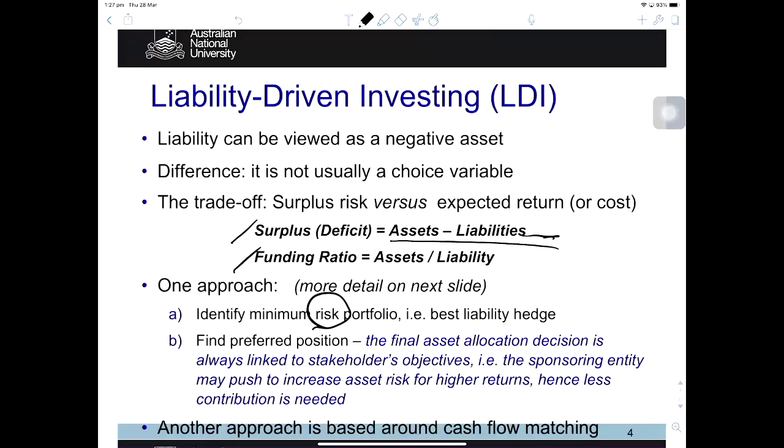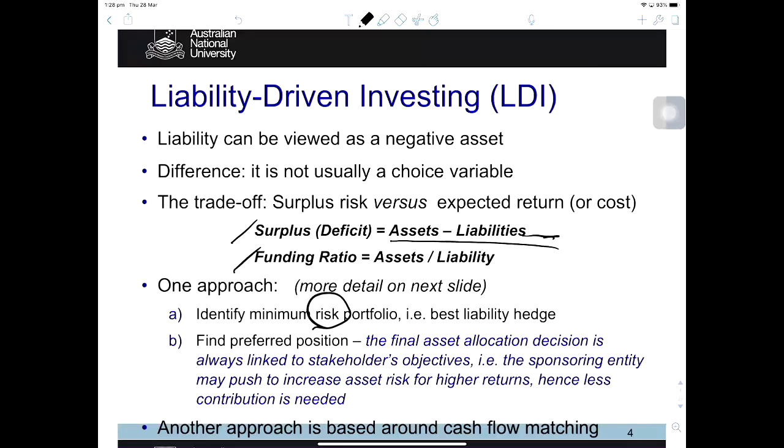That's usually how the members of the board are going to start their conversation. Okay, this is the best match. And from two different directions, we may allocate more funds into the growth assets, which is preferred by the sponsoring entity, and we're going to assess the chance of not being able to pay the projected liabilities in the future.